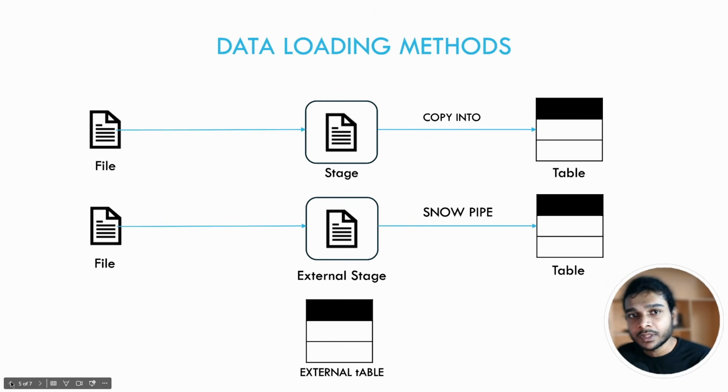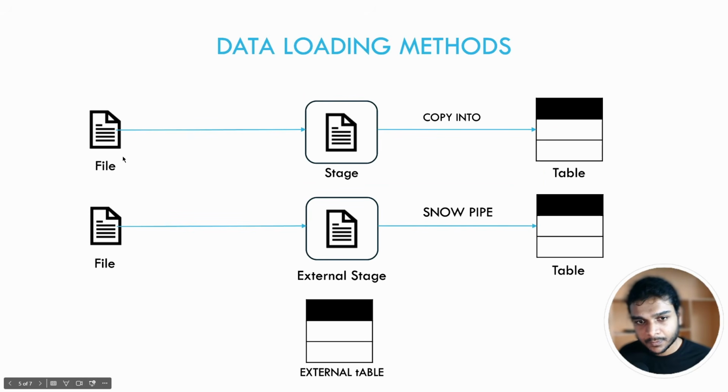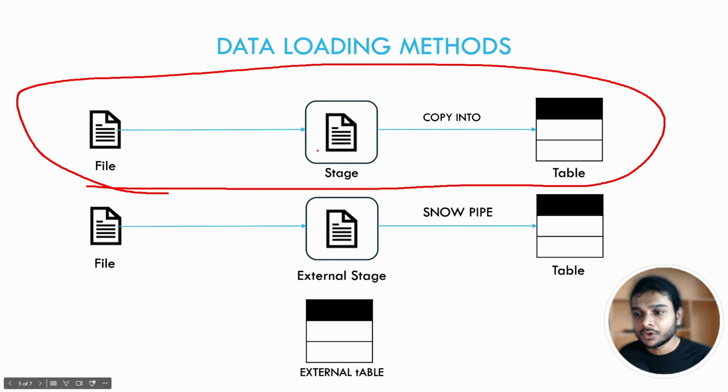So we're going to do that now. We're going to create an external stage. Then what else? We saw the basic copying method, which is copy into, to copy the data inside the file to a table.